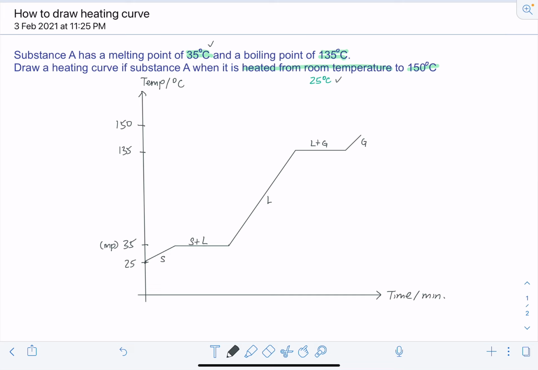May I just repeat using the color shaded? Step 1, draw your axis. Make sure that you have labelled the correct axis for x and y, inclusive of the unit.